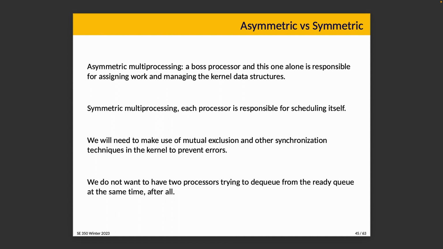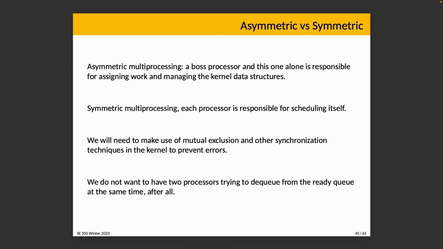We don't want to have two processors trying to dequeue something from the ready queue at the same time. Only one of them should take the task out of the ready queue and do it. But overall, it is a manageable amount of complexity. We've learned enough of the tools that we need to actually make it work. It's, as I say, not magic. Work does have to take place to make it happen, but we are going to do it.